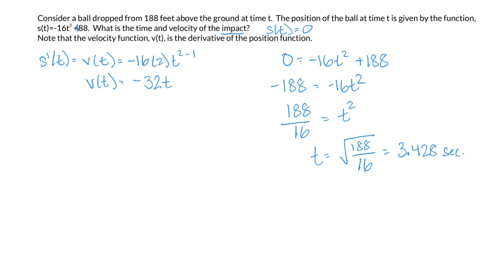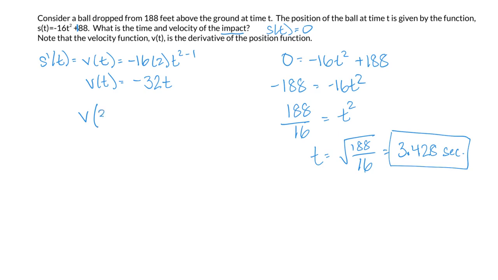Okay, so now we also want to know the velocity when we're hitting the ground, right? So the second part of the question, this is the first part, what is the position? The second question asks, what is the velocity at impact? Okay, so we plug in this time that we just found into our velocity equation.